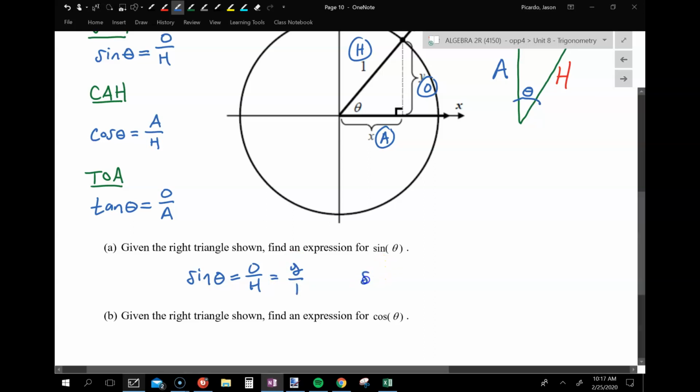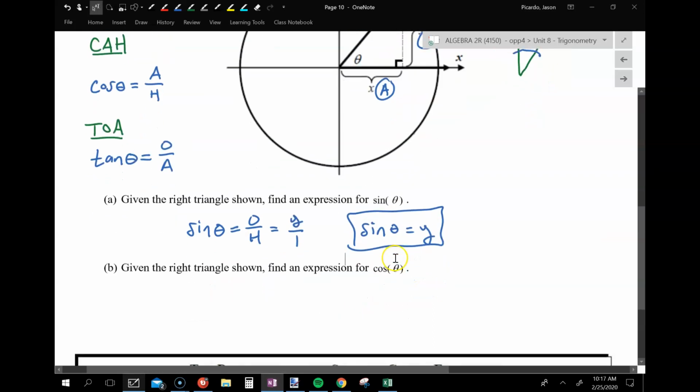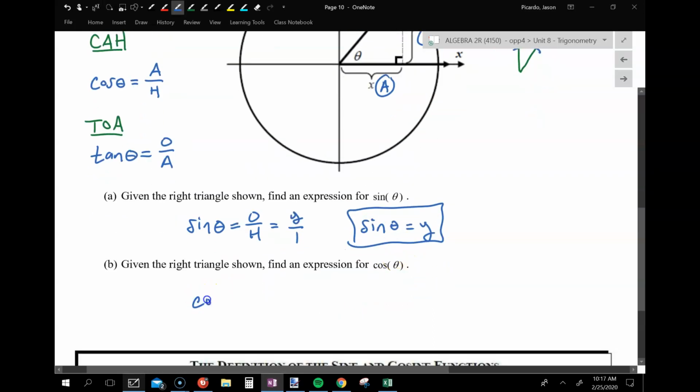Just Y. So sine of theta equals Y. Okay, what if I wanted to do cosine? Cosine of theta equals A over H. In this case, what's the A? What's the H? 1. So cosine of theta equals X.